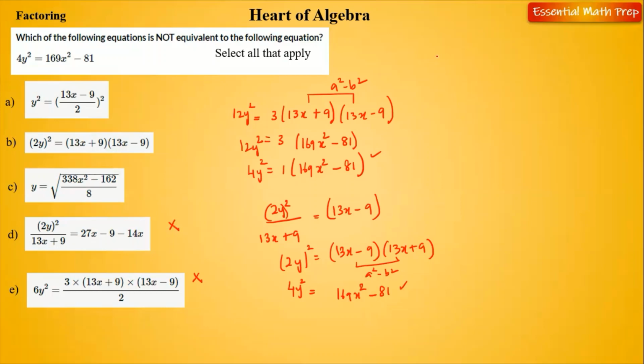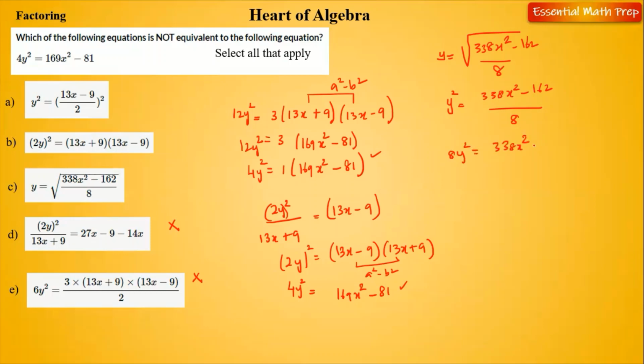Let's move to the third choice. y equals the square root of 338x squared minus 162 over 8. But whenever you have a square root and a term that doesn't have a square, it's best to actually square. Remember, our y is squared in the original expression. So if we take the square on both sides, then this equation reduces down to this, right? So it's 8y squared equals 338x squared minus 162.